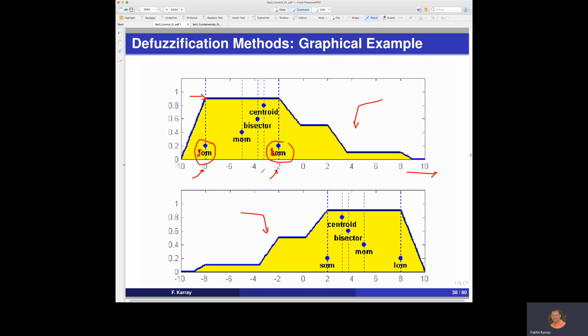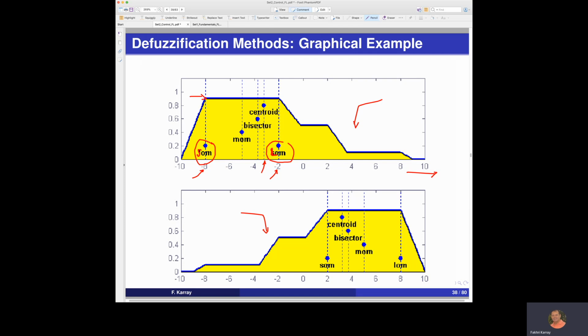The value for the centroid is also here. So always remember that the value of the control, the defuzzified version, is where that mathematical value is located. For the largest of maxima, it occurs at -2. Smallest of maxima, it occurs at -8. For the centroid of area, it occurs at -3, or -3.4, for this particular example.